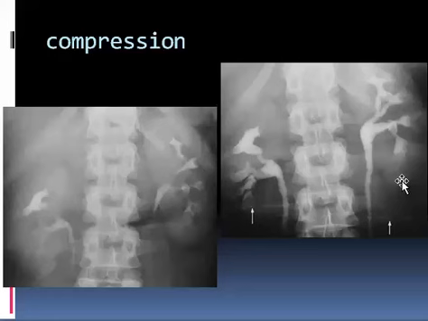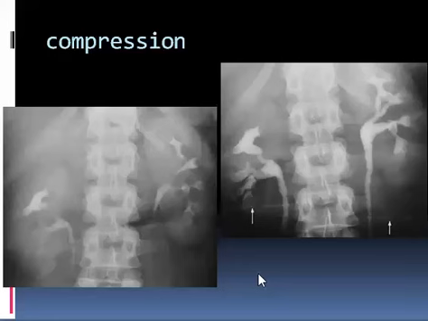Sometimes during compression you may get this sign, but once you remove the compression you will not get it. So this is due to compression. So normal sun ray at the tip of the pyramid is due to compression, but abnormal persistent is due to medullary sponge kidney and tubular extravasation or intravasation.